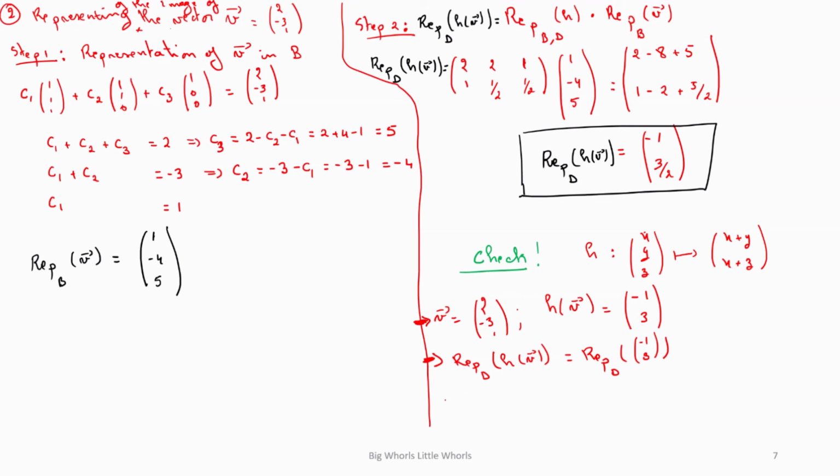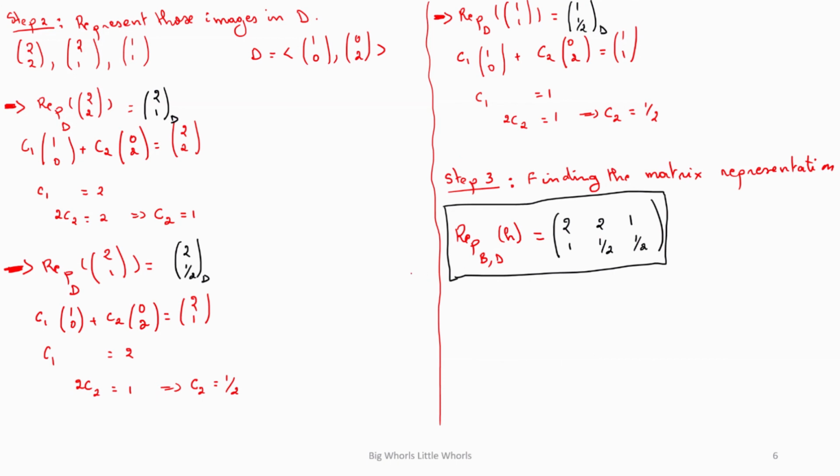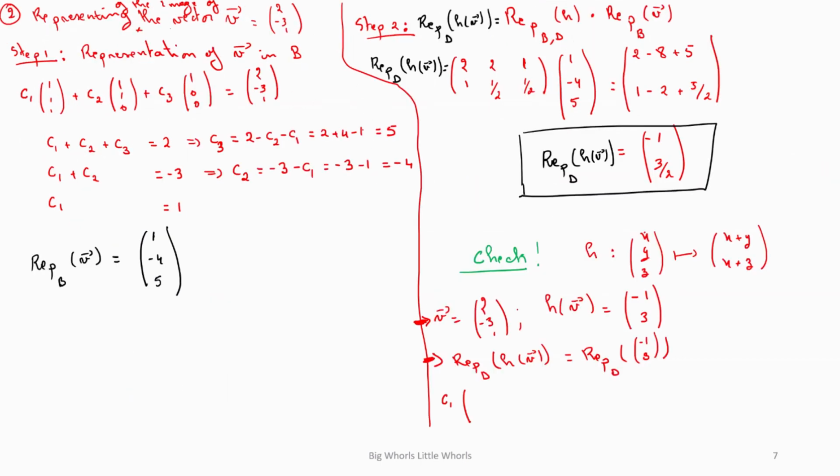So that representation is going to be c1 times the element of d. Just let's recall the element of d. The elements of d are 1, 0 and 0, 2. So we have c1 times 1, 0 plus c2 times 0, 2 equals minus 1, 3.